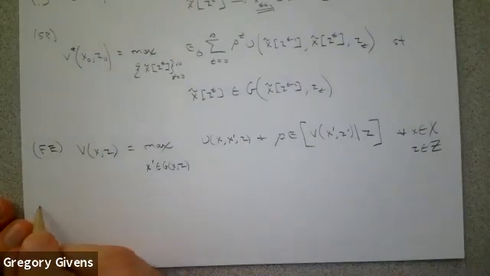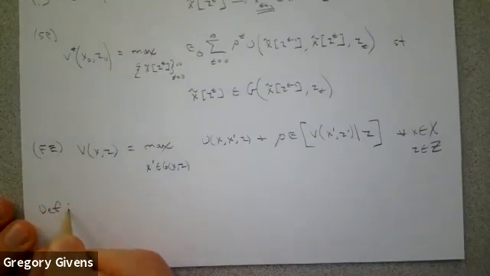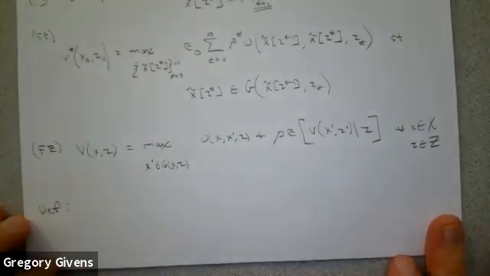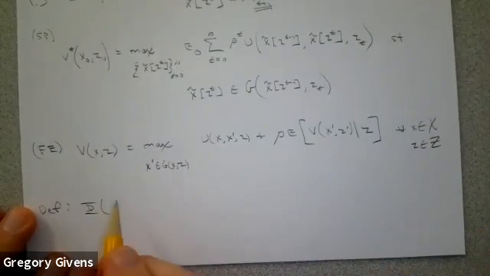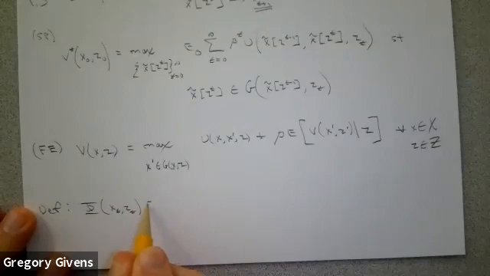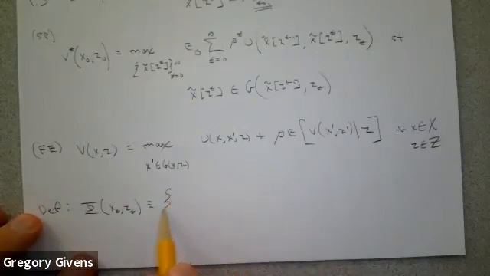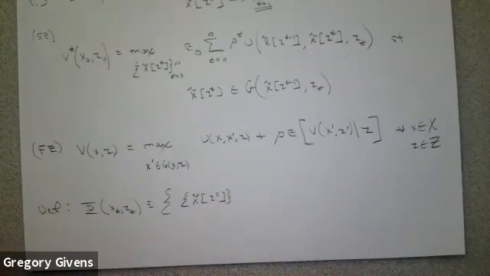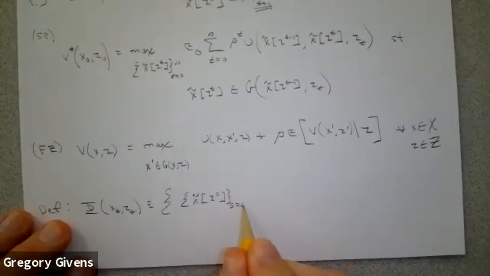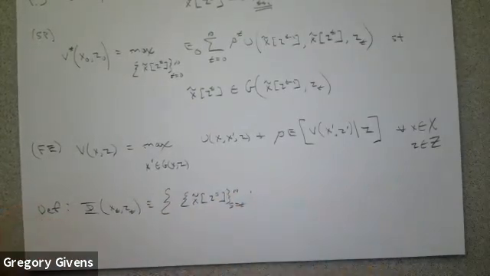Now, to develop these points, I'm going to make use of a definition that looks similar to one we talked about earlier. I'm going to define capital phi of xt zt as the set of all feasible sequences of state contingent plans, starting in period t and going to infinity.